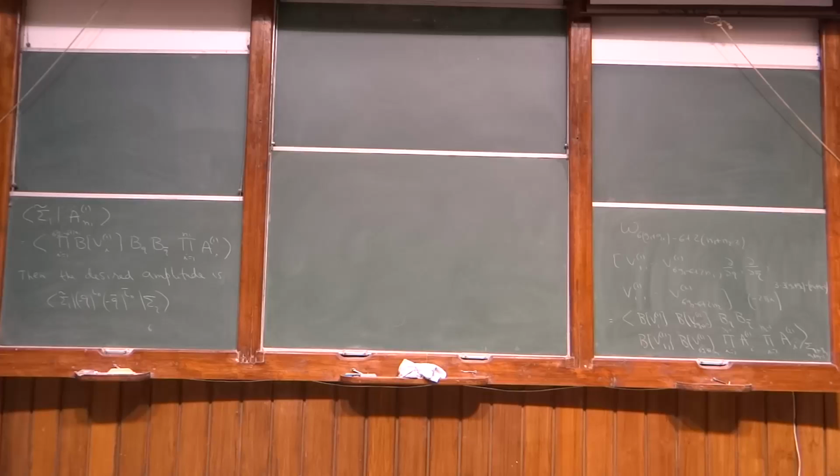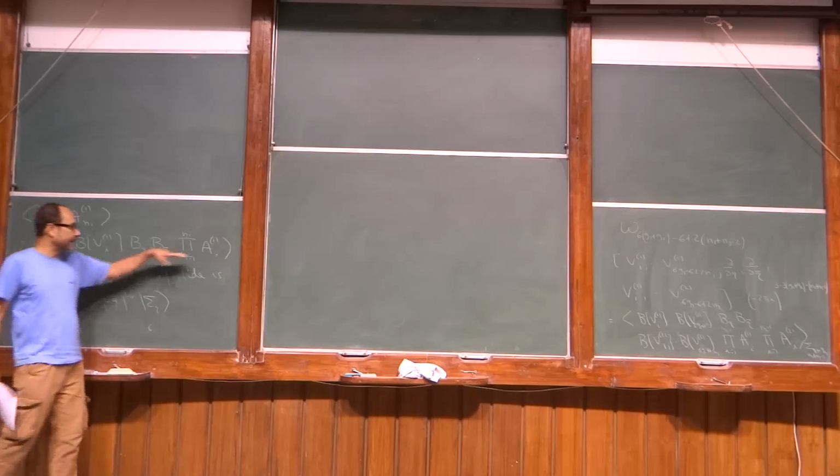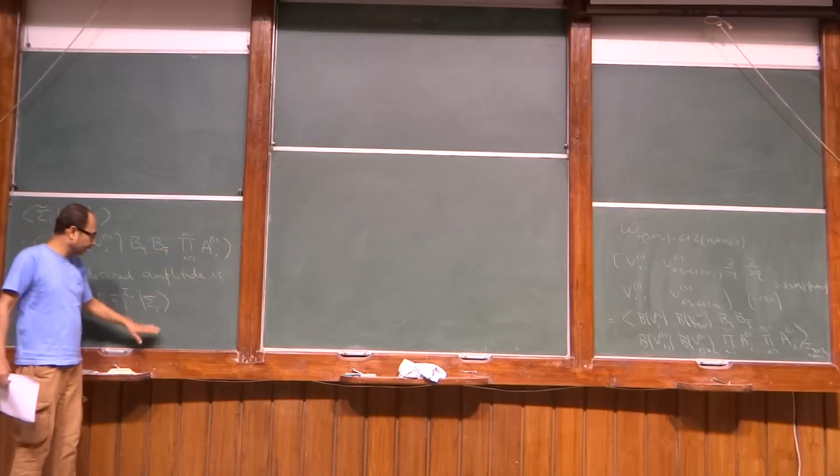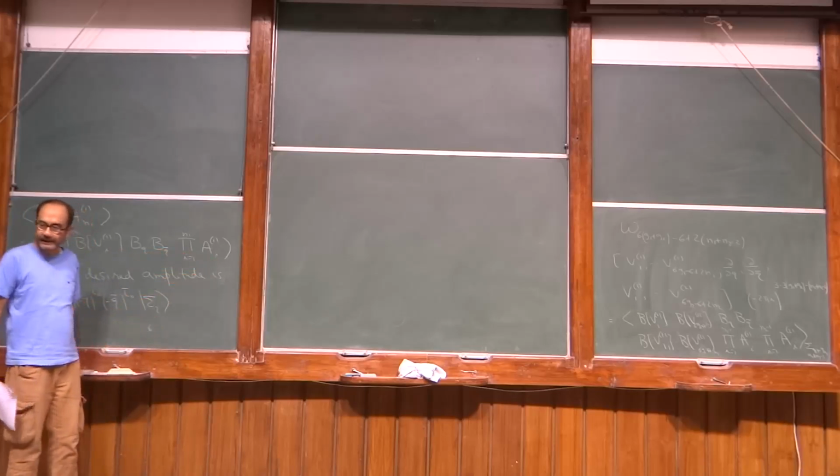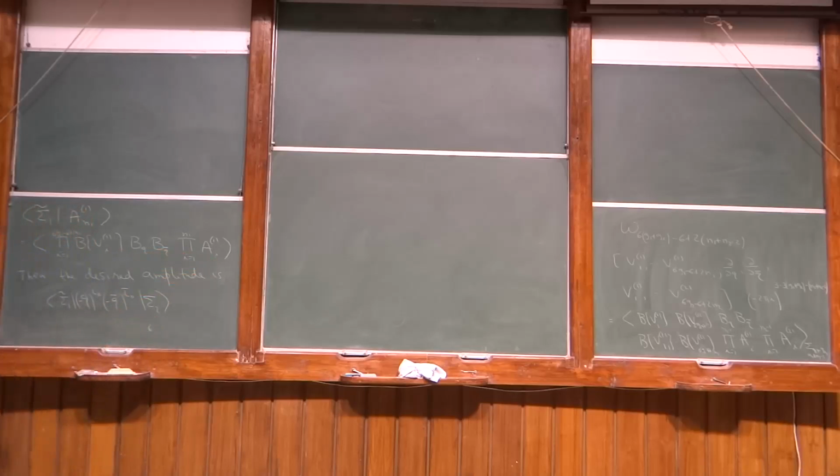If you write sigma 1 tilde explicitly in that form, you have to count the total ghost number of sigma 1 tilde, and you will find that as long as this amplitude is non-zero, this will also be non-zero. The ghost number should add up correctly to 6. These b's will essentially provide the necessary ghost numbers.